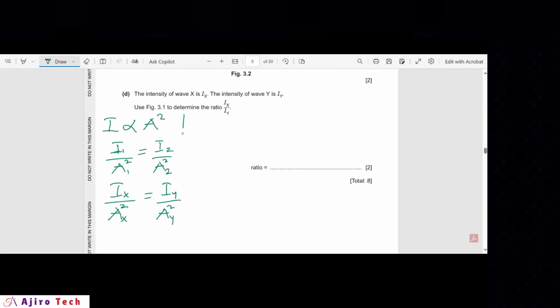We are looking for intensity of X over intensity of Y, which gives amplitude of X squared over amplitude of Y squared. I can also write it as amplitude of X over amplitude of Y, all squared. So that's my maths. I remember amplitude of X is 10.